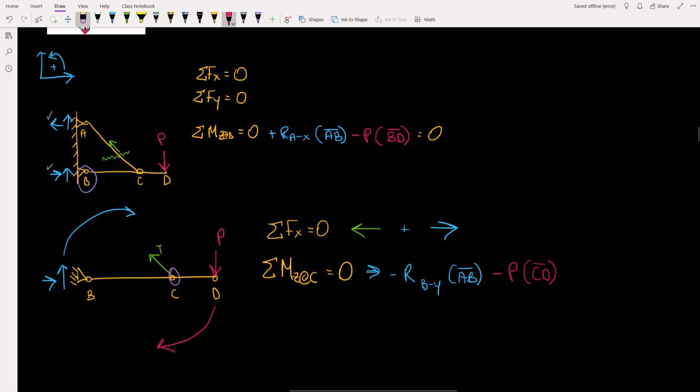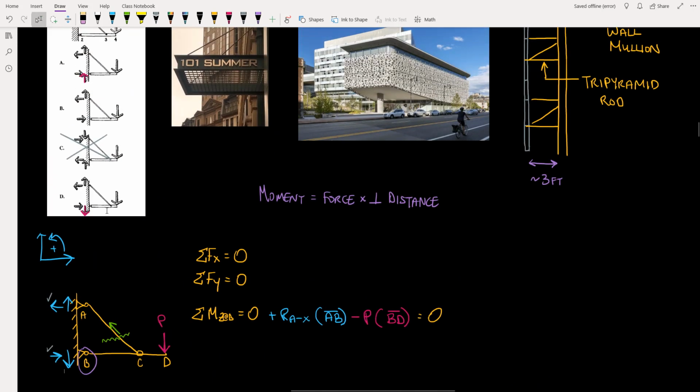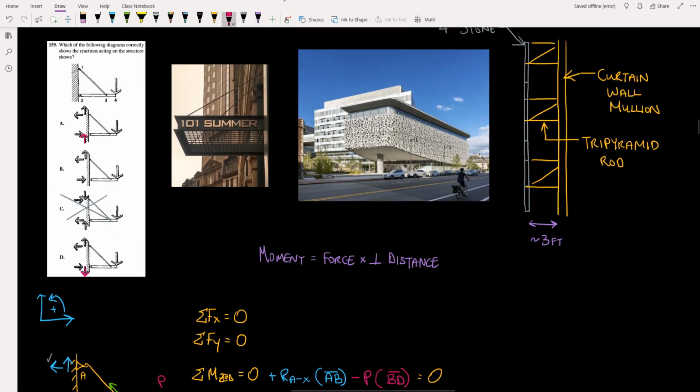And of course, two negatives cannot equal 0. And so we have drawn this reaction in the wrong direction. And in fact, for this to be stable, this reaction needs to be in this direction. And so our final answer will be the option that has the reaction at B in the y direction pointing down. And that answer is answer D.